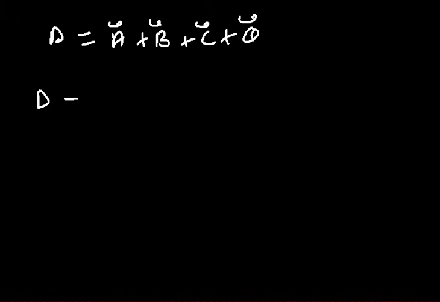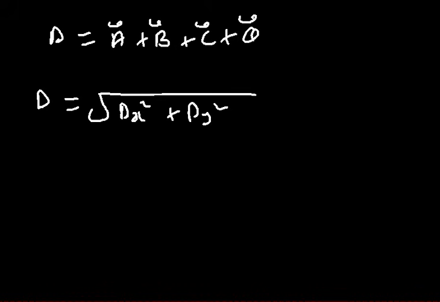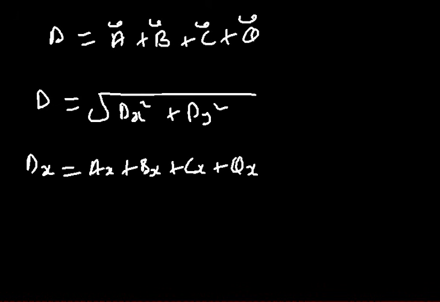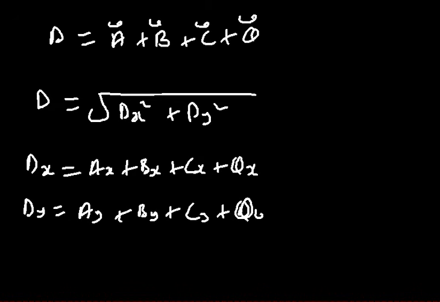Its magnitude will be given as the square root of dx squared plus dy squared. And what is dx? It is the summation of the x components of the vectors involved. In all cases, you should do that. And dy is the summation of the y components of the vectors involved.